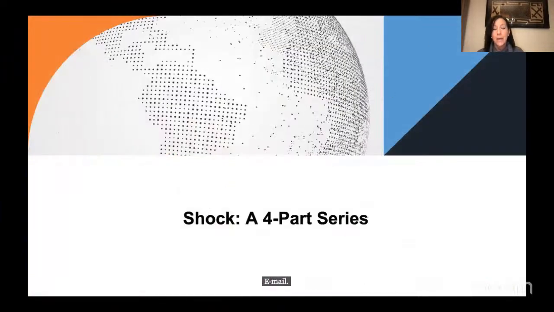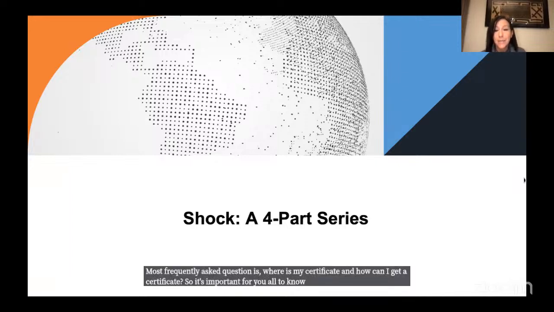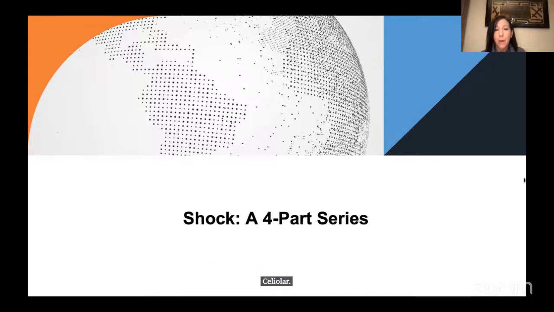So today, we are talking about cardiogenic shock. This is session number 3 of a 4-part series on shock. According to UpToDate, shock is defined as a state of cellular and tissue hypoxia due to either reduced oxygen delivery, increased oxygen consumption, inadequate oxygen utilization, or a combination of these processes.